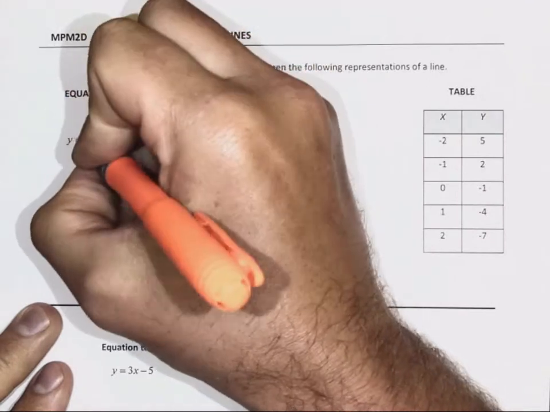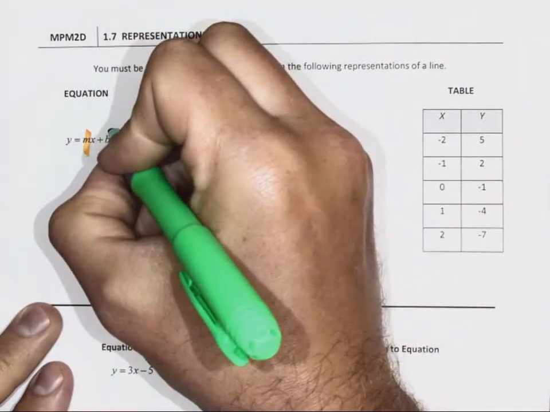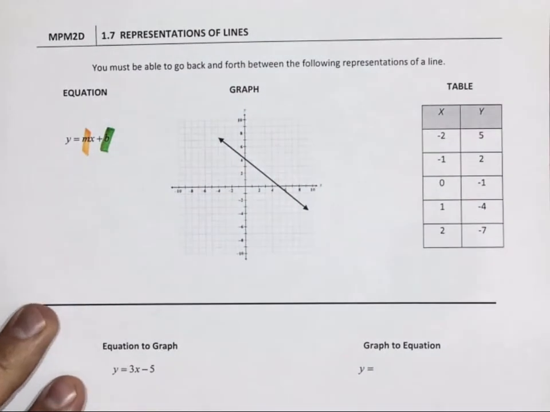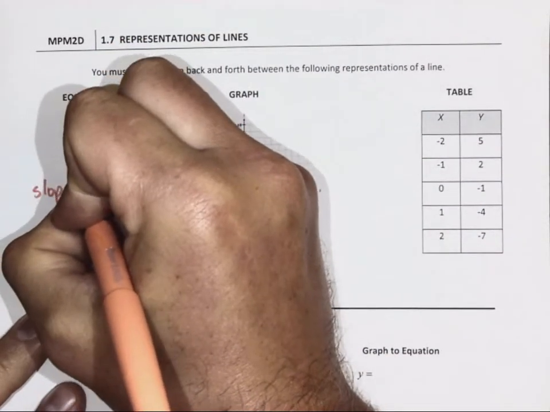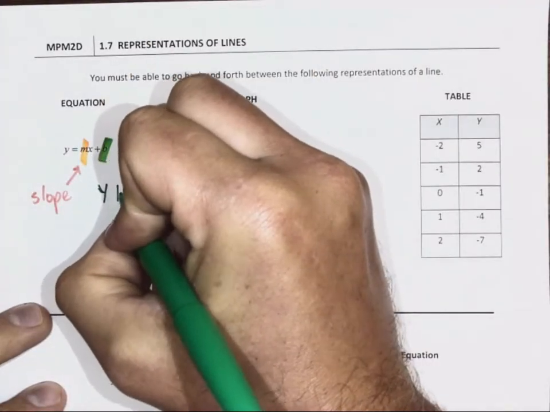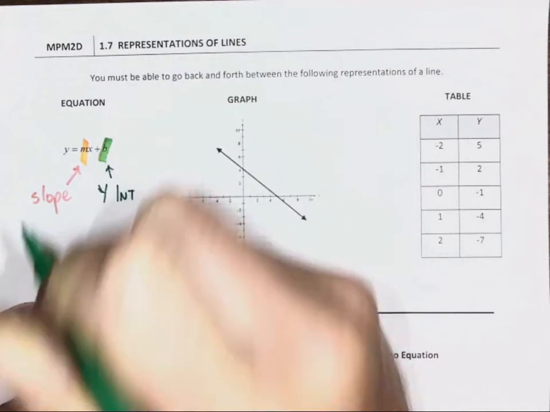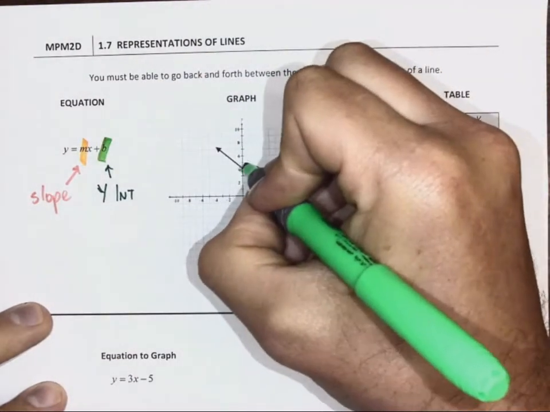Remember, we got our slope. We got our y-intercept. So let's see, on the graph, we have our y-intercept.